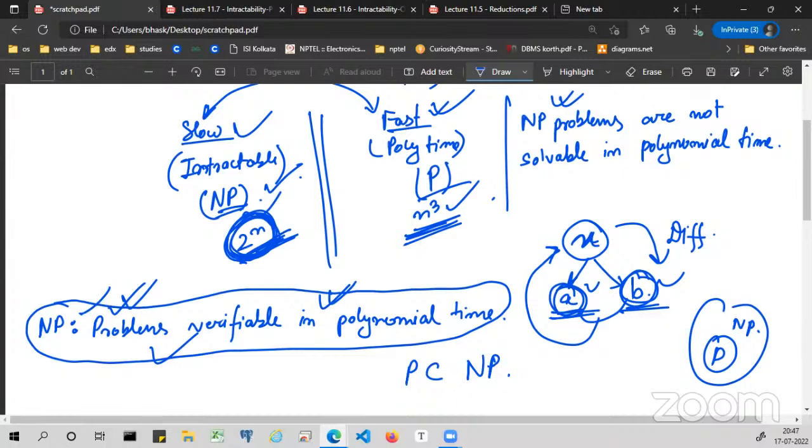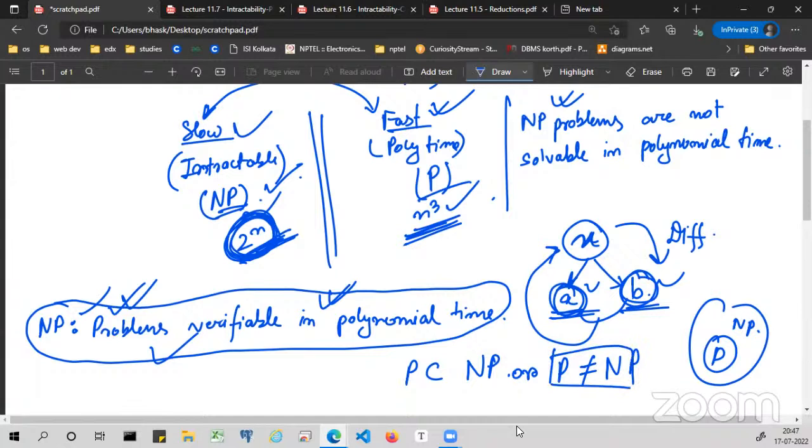And this may actually not be correct, because when I say strict subset, proper subset, I can assure you that this is never equal, right? So if I say that, it essentially means P is not equal to NP. If it is a proper subset, it should never be equal. If it's not equal, I can say P is not equal to NP.